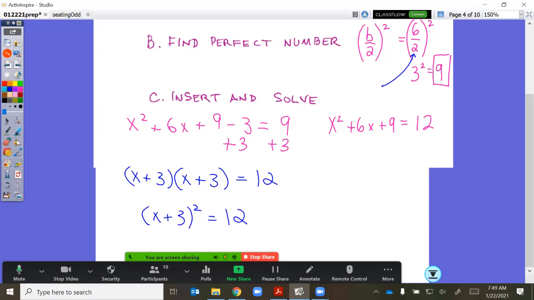And we still want to solve it, so we got to get the x by itself. Hopefully you're remembering that you're going to take the square root of both sides. This is the magic, where we make the x squared part go away. It's just x. That is super helpful to us.